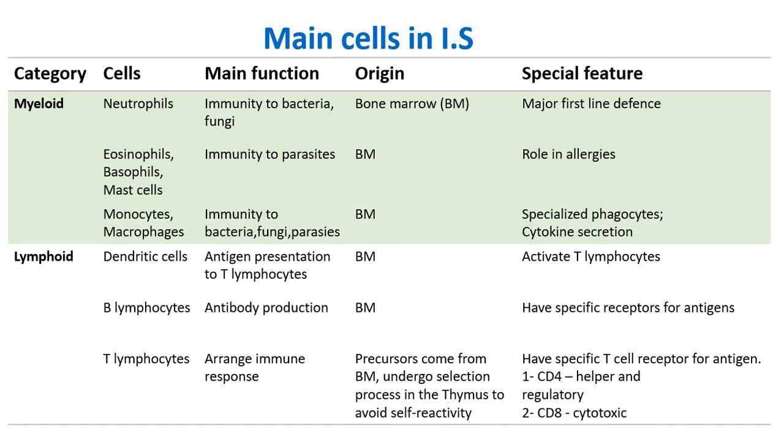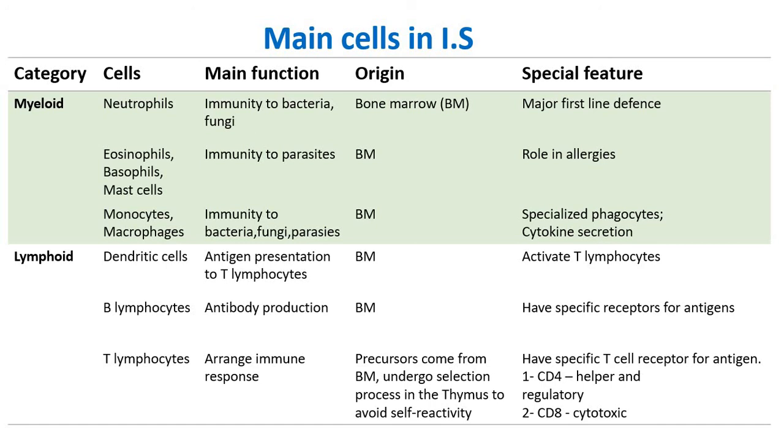These dendritic cells originate from bone marrow, and a special feature of the dendritic cell is that it activates T lymphocytes. The main function of B lymphocytes is the production of antibodies. They are called antibody factories. B lymphocytes also originate from bone marrow, and they have specific receptors for antigens.